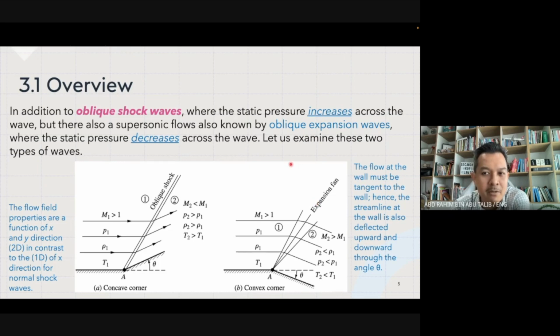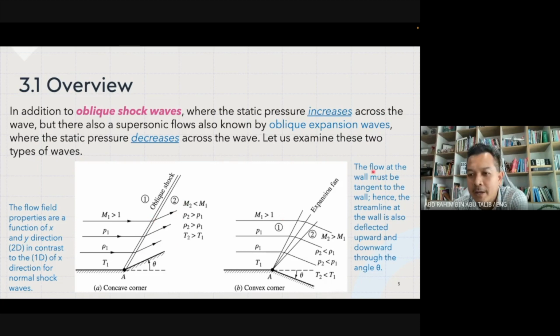Let us examine these two types of wave. As we can see here, for the first case, the flow field properties are a function of the X and Y directions. It is 2D, in contrast to the one-dimensional X direction for the normal shock wave, because the flow is being deflected.